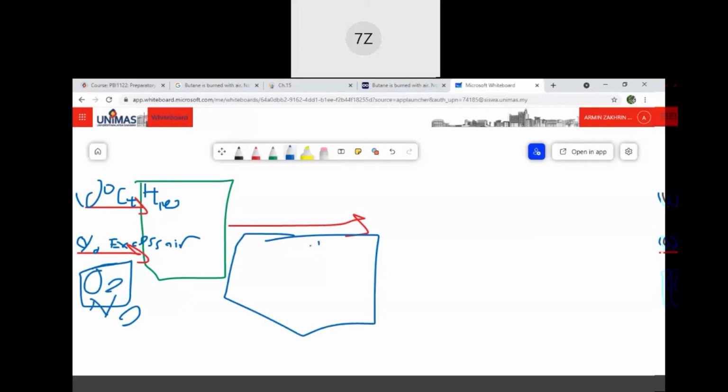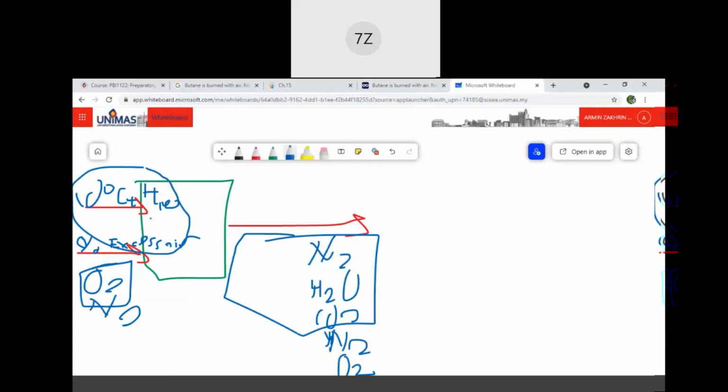That is N2, H2O, CO2, N2, and O2. For this question, 90% conversion of butane means 90% of the C4H10 butane is converted inside this reactor.